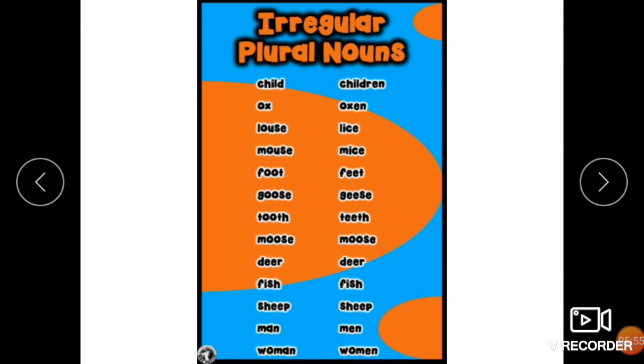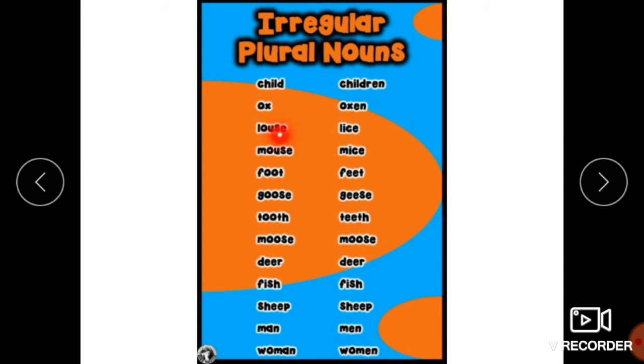And dear students, the fifth rule is irregular plurals. For example, child, plural is children. You must know the word children. And the plural of ox is oxen. Oxen means more than one ox.